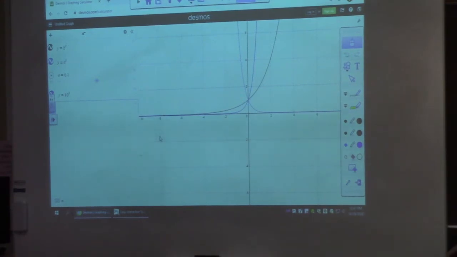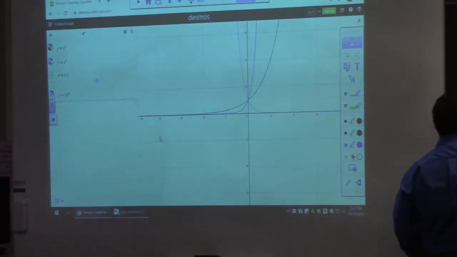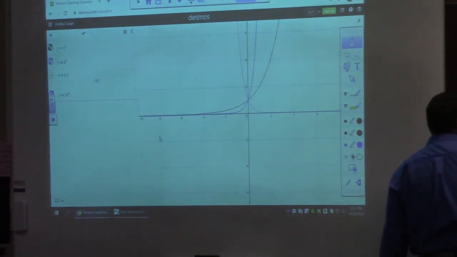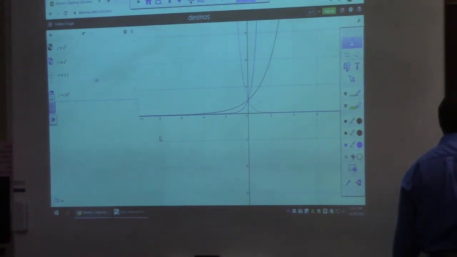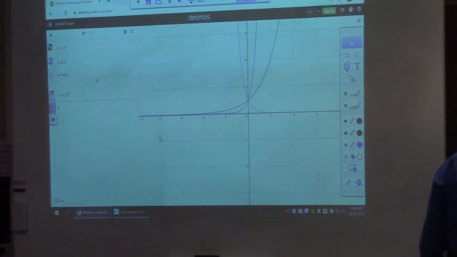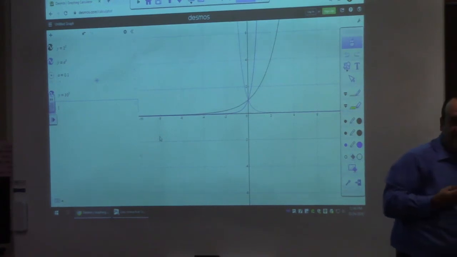Let's think about it algebraically here for a second. f of x equals 0.1 to the x is equal to 1 over 10 to the x, right? But by laws of exponents, that's 10 to the minus x, right? So what is 10 to the minus x?